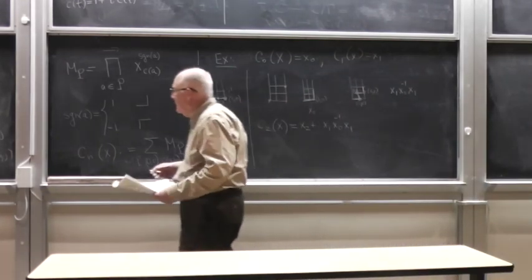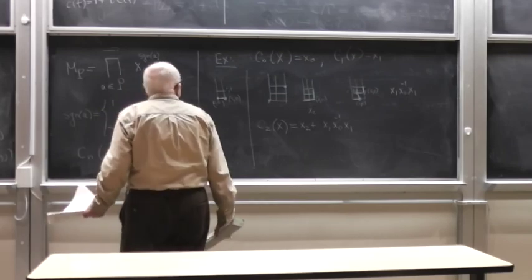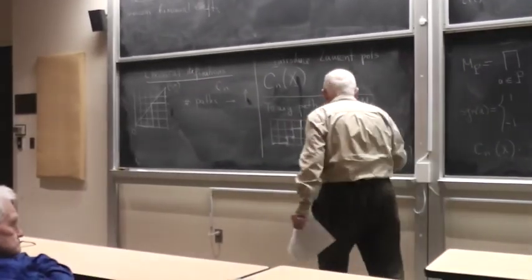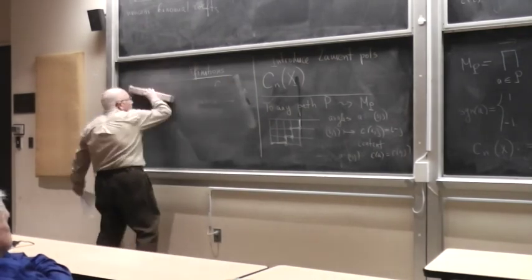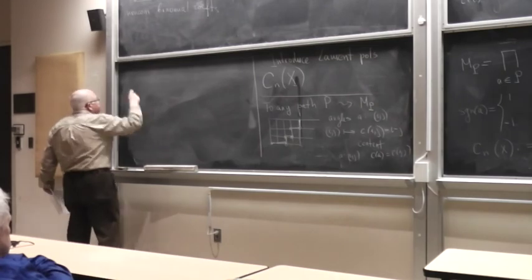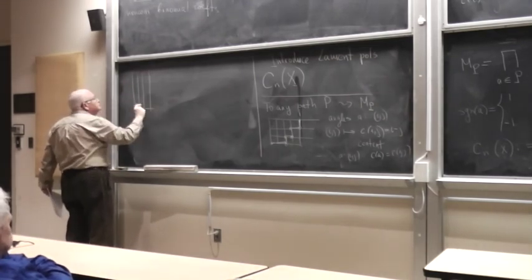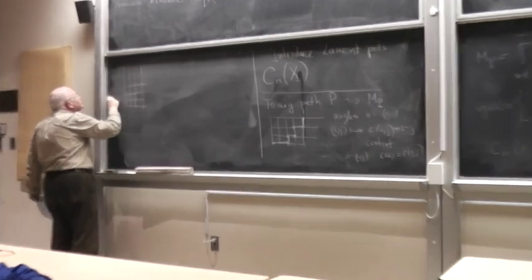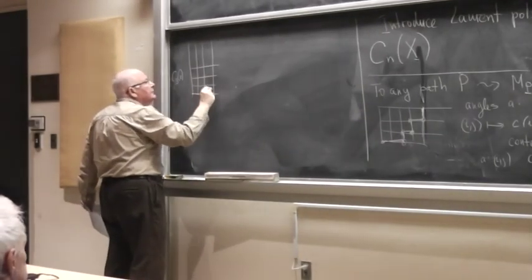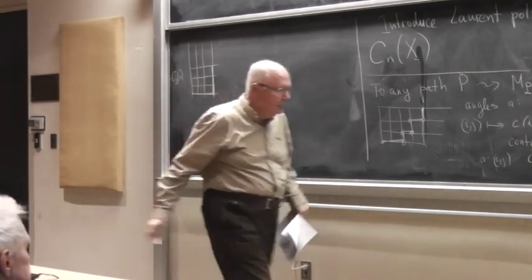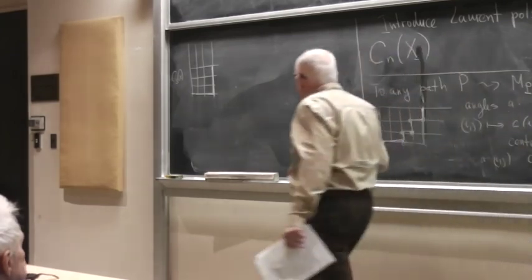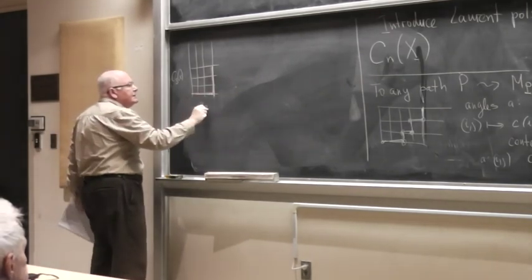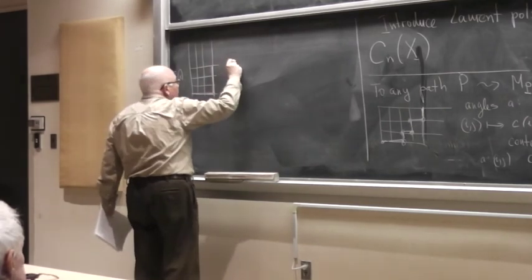And I will do C3 as well. I need to erase this. Okay, so that's C3. This one goes like this. I have this red, so maybe that's better to use. And this is just 3 nodes, so that's x3. Next, I have this.